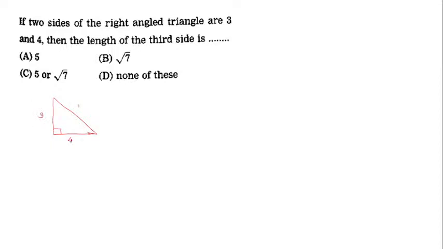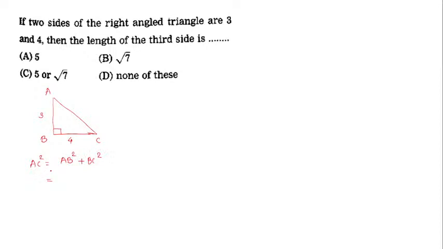So the other must be 5, as it is a Pythagorean triplet, or if we use the Pythagoras theorem, suppose this is triangle ABC, then we have to find AC because we have to find the third side. If AB is 3 and BC is 4, AC square must be equal to AB square plus BC square.